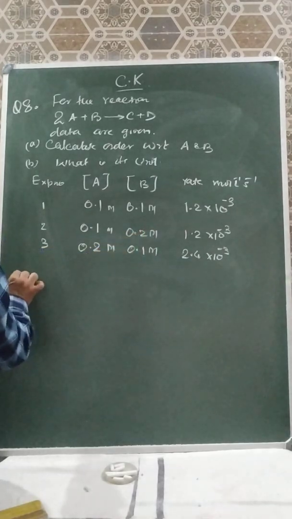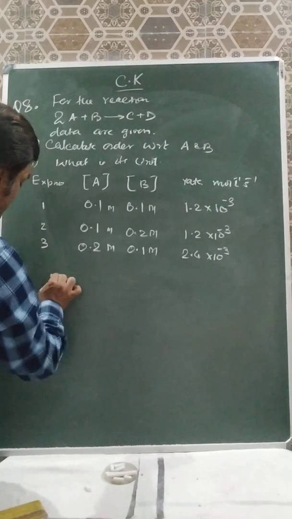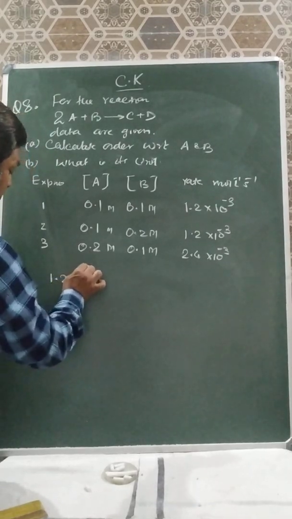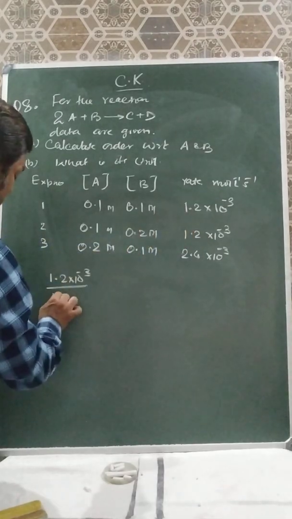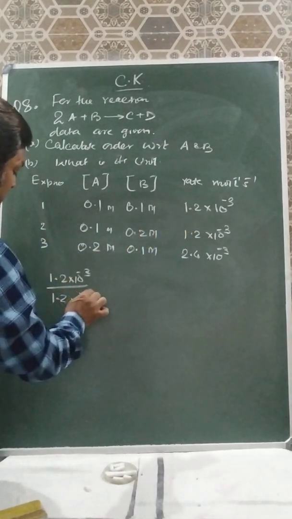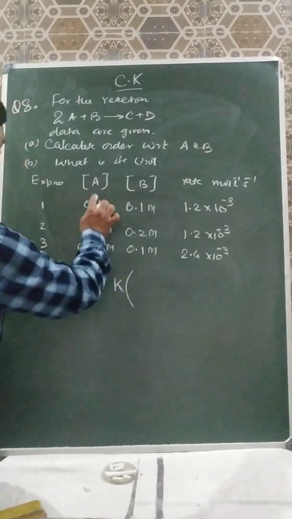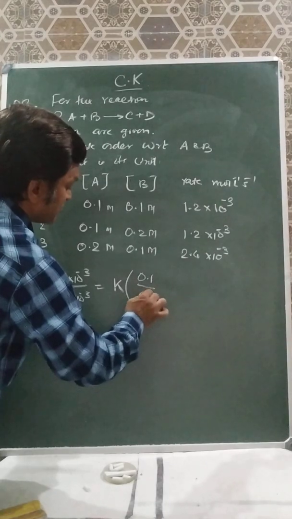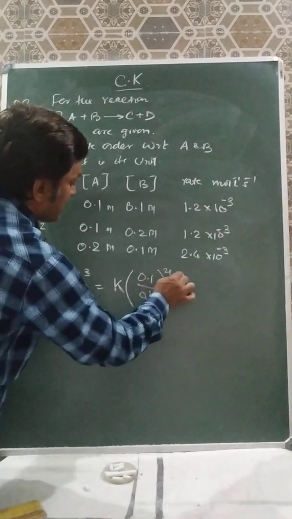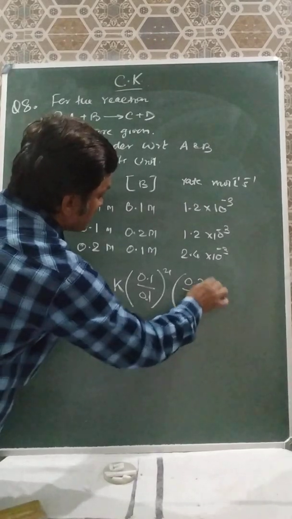So experiment 2 divided by experiment 1. Rate ratio is 1.2 into 10 to the power -3 divided by 1.2 into 10 to the power -3, equal to k [0.1 divided by 0.1] to the power x times [0.2 divided by 0.1] to the power y.